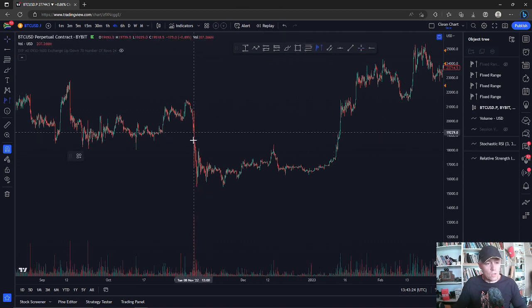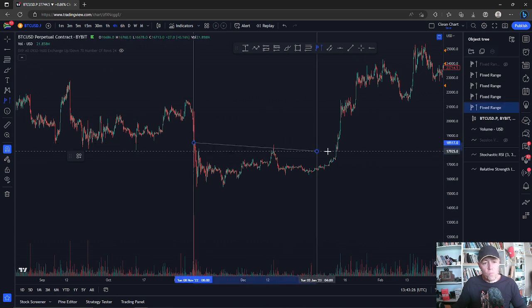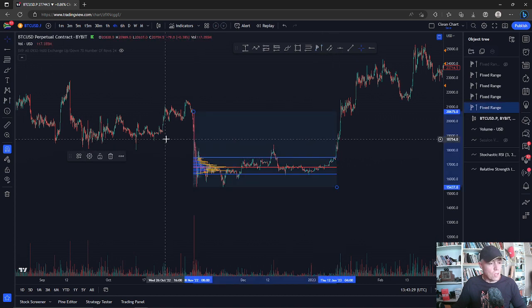So from where the market broke down from the previous range into the new range, there you can clearly see this was where the previous range was.